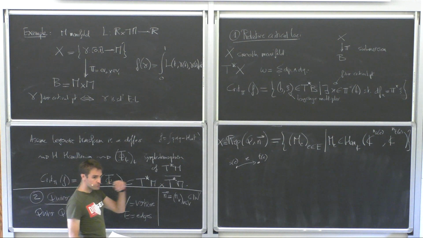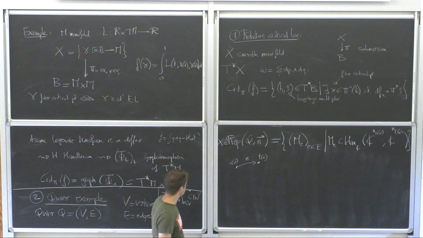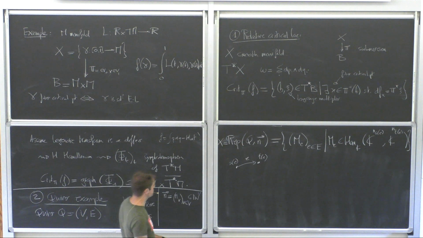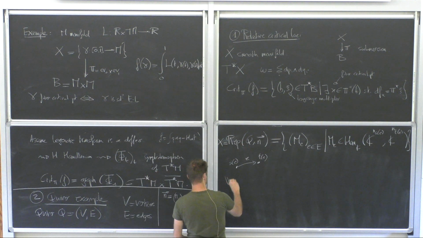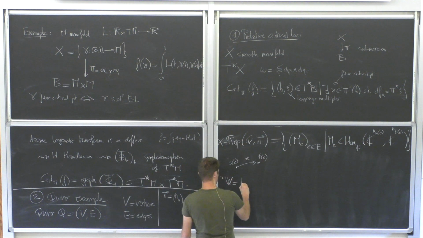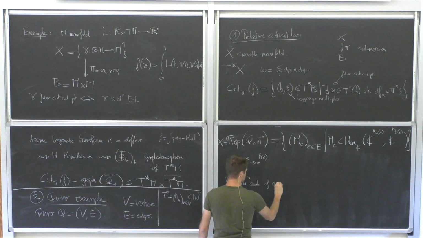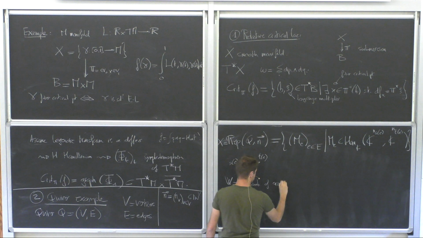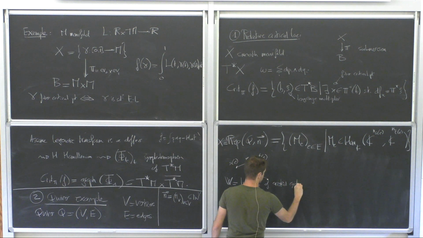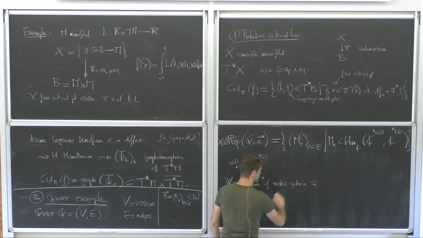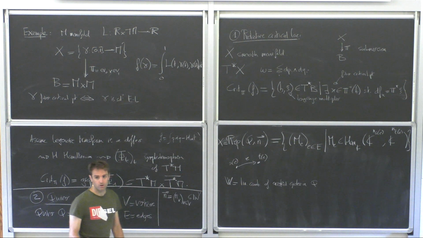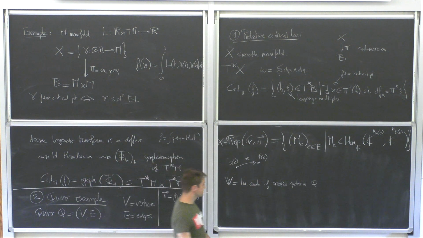Now, if I want to construct a function on such a space, there's a very nice way of doing this. We can pick W, a linear combination of oriented cycles in Q. There's another way to reinterpret that.